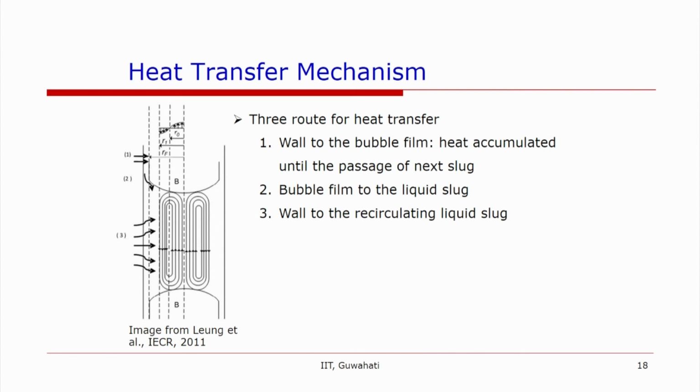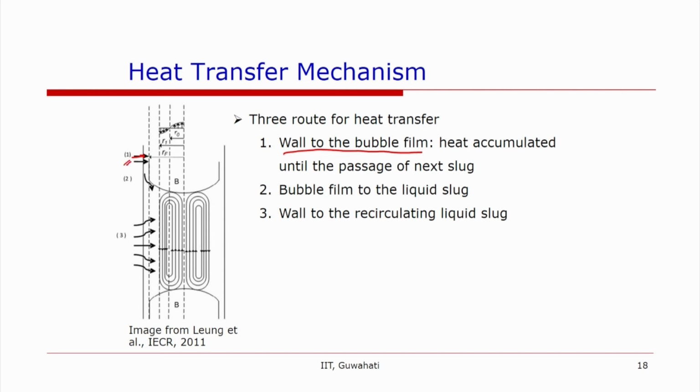One route is that the heat enters from the wall and goes into the bubble film, the film that is surrounding the bubble. Because the heat carrying capacity of the bubble is very small, it cannot carry much of the heat. So, it waits until the next slug comes in, and then it supplies this heat to this slug. So, that is the first route.